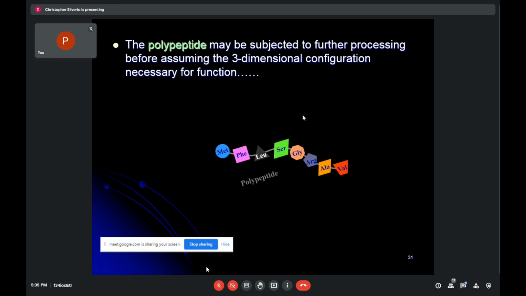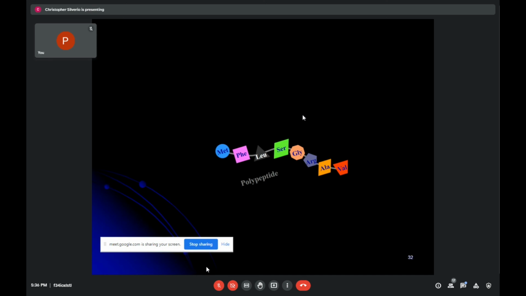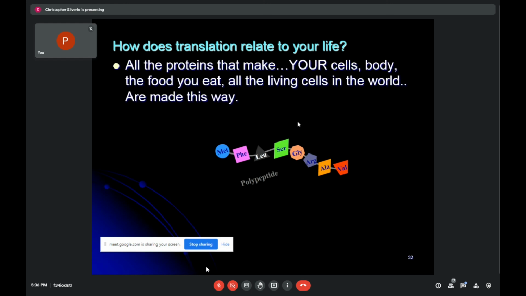So processing will be done in the endoplasmic reticulum and Golgi apparatus. Okay, that's it.